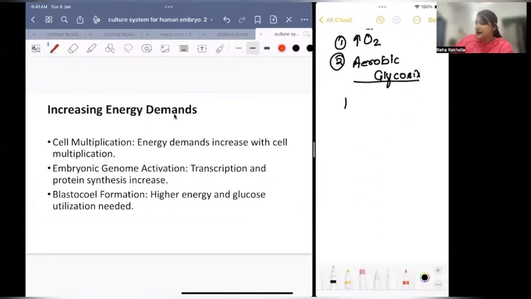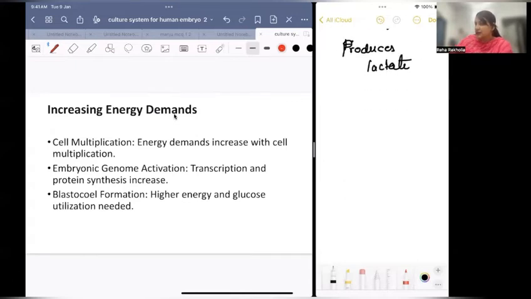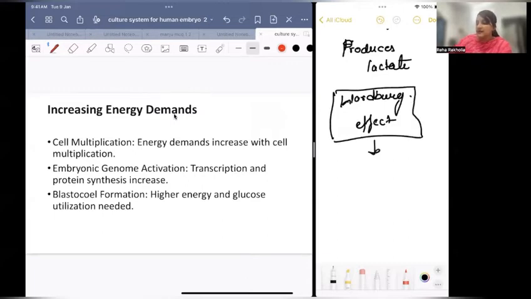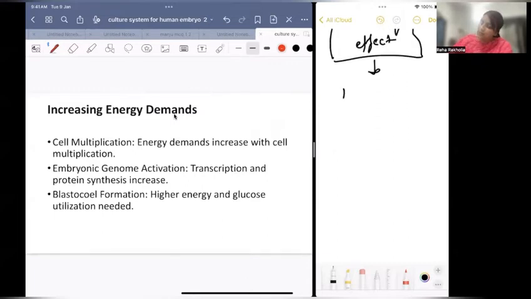It produces lactate, like the Warburg effect. We usually say Warburg effect, no? Warburg effect. As we know, in cancer cells, what does a normal cell do?